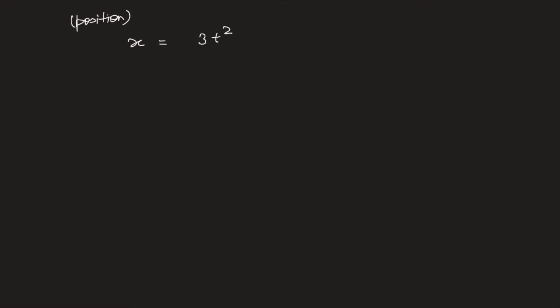Okay, so if you want to find out the instantaneous velocity, we'll use the formula dx by dt. And in order to differentiate this, in order to find the small displacement with respect to small time, all we have to do is apply this formula. So if it is t to the power of n, the differentiation with respect to time is n into t to the power of n minus 1. So 3 times 2 into t to the power of 2 minus 1, or 6 into t to the power of 1.